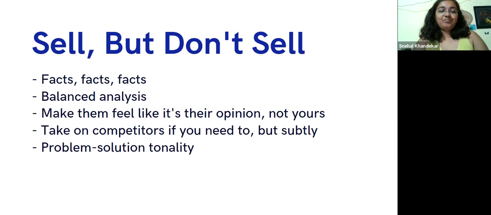And how you do that is you take on competitors very subtly. So for example, if you have to do the Android versus iOS thing, iOS is all about privacy.